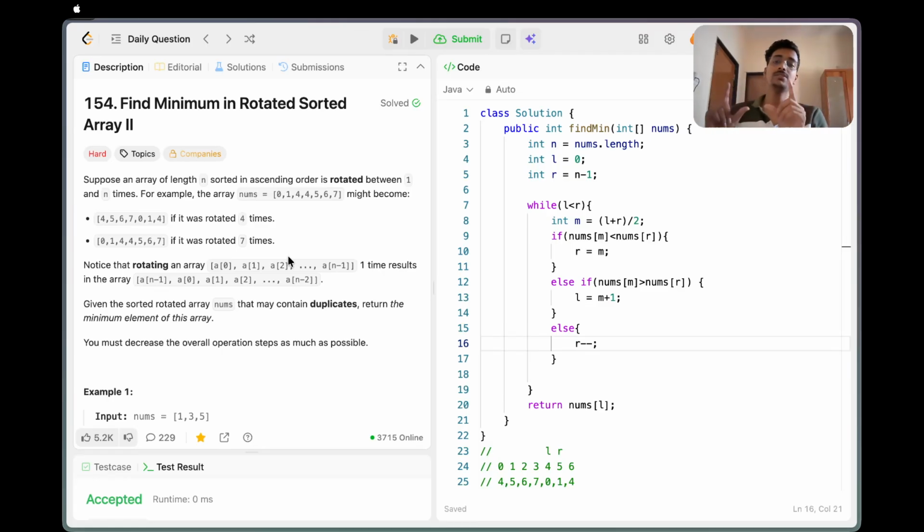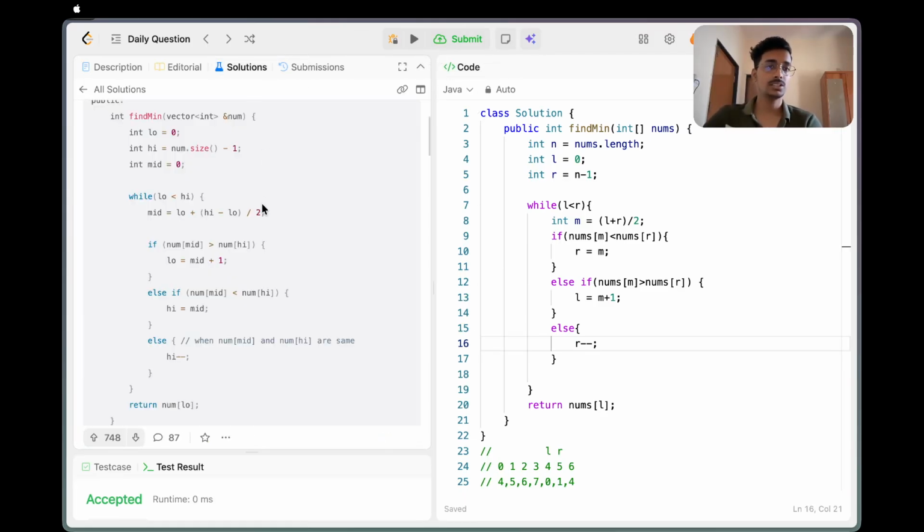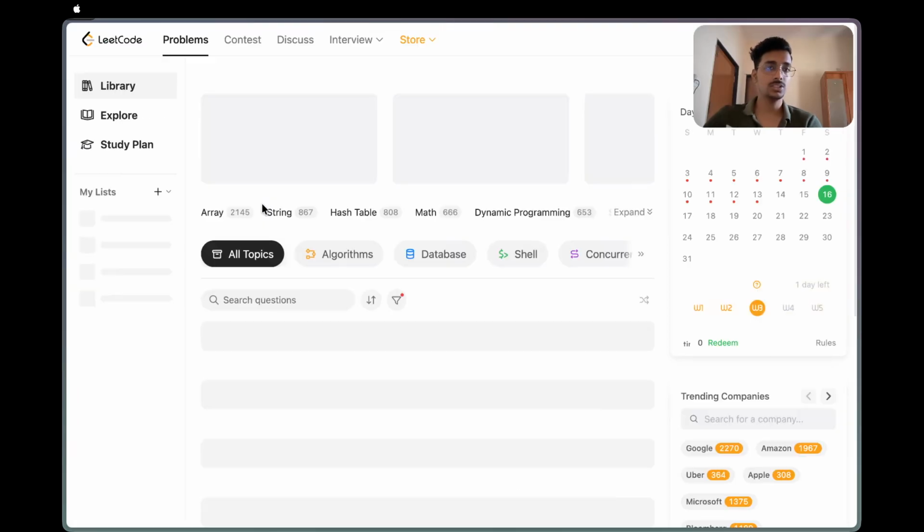For duplicates, why will these two values get confused? Because there will be a scenario where mid can be equal to right. In that scenario, just shift the right to the left side one at a time, then we will get the answer. Okay, let's see some other solution.